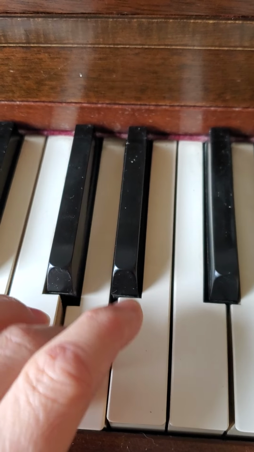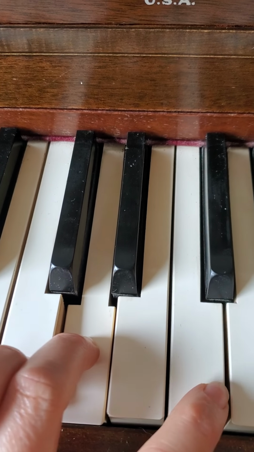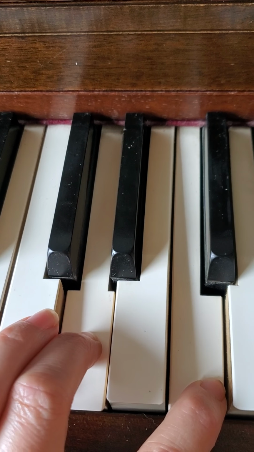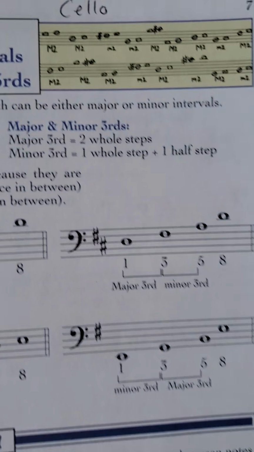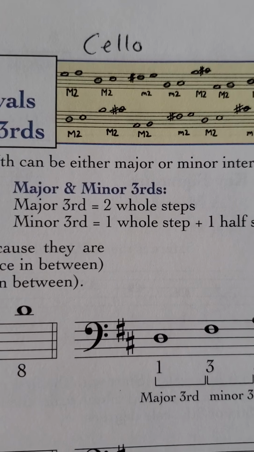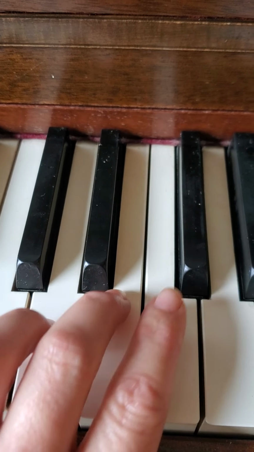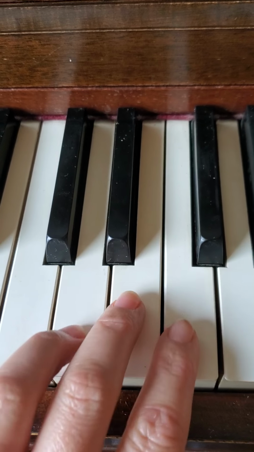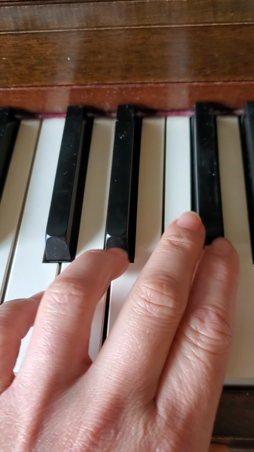So we go D, D sharp, E, F. So D to F natural is a minor third. If we instead have two whole steps, we're going to have our major third. So D to E and E to F sharp are whole steps. That means our D to F sharp makes a major third.